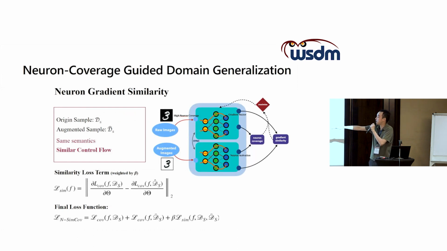But here our starting point actually comes from the gradient flow, though our loss function is somehow the same as contrastive learning based on the gradient. So we treat this as a regularization term during this neuron coverage analysis.